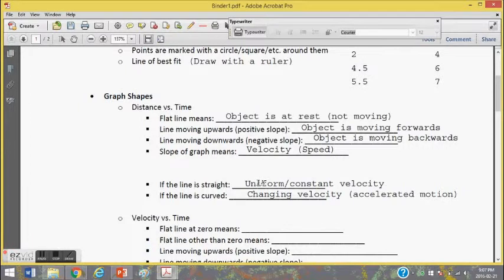Okay? With a straight line, we can do stuff with it. We can find the slope, which tells us velocity or speed. Coming back to the slope, rise over run for distance versus time is going to be distance over time. Hey, distance divided by time, that's equal to speed or velocity, again, depending on if we're given direction data or not.